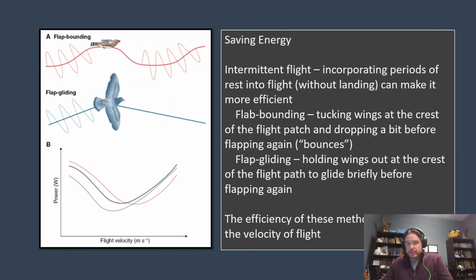Okay, so we talked about energy now and power. How do we save energy? One of the major themes in evolution and a major theme in ecology is saving energy. Energy is everything. Harvesting energy, efficiently using energy, saving it for when it's necessary.